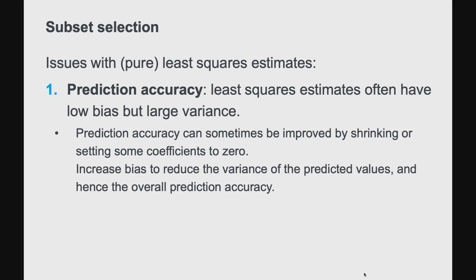That means we adapt our function, and it is pretty good at hitting the data points, but when I change the data set a little bit, I get a very different function. Just what I showed you graphically before. And sometimes you can improve your accuracy by shrinking some of your betas, some of your coefficients.